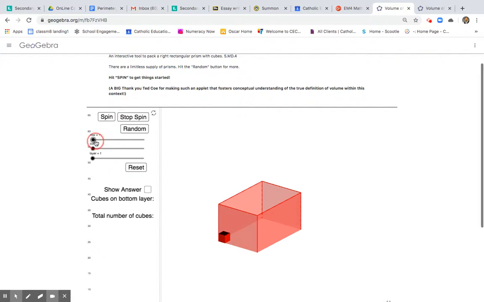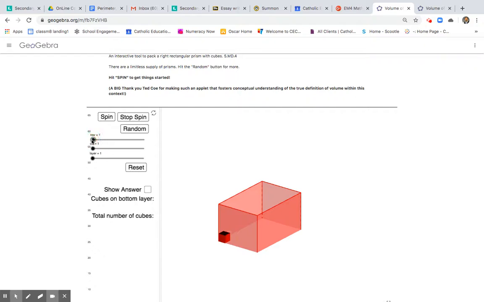I think it's going to be about 6. So 6, 7, 8, too many. So it's 6 cubes that way. And if we go along that way, I think it gets to 9 cubes. So it's 9 cubes deep and 6 cubes wide.